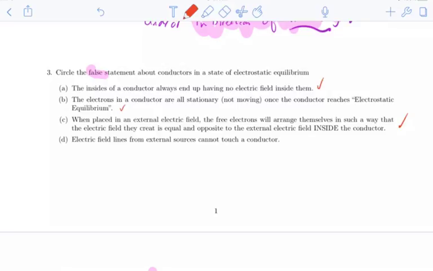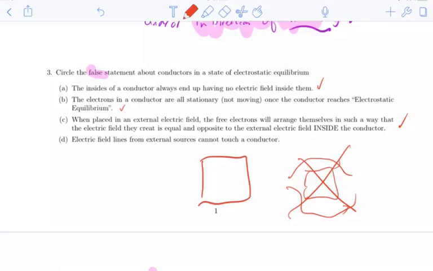Okay. Last question. Electric field lines from external sources cannot touch a conductor. So if you have a metal conductor, do all the electric field lines go around it? The answer is no. You should be familiar in your homework with questions where we have electric field lines. They can touch the conductor, they just don't go into it. In other words, an electric field line will come in, and then charges on the inside, is there a white pen? There is.